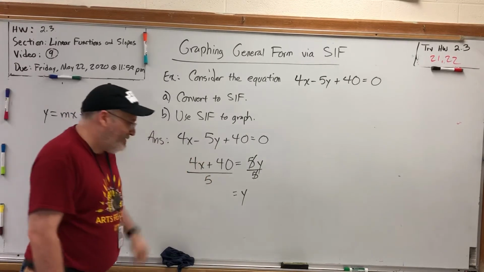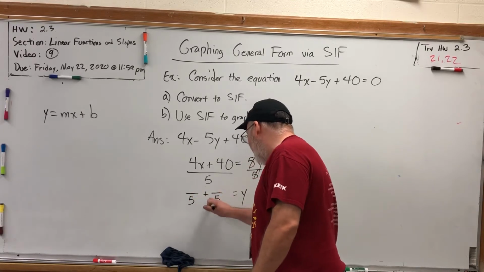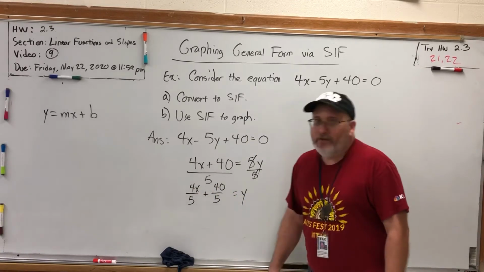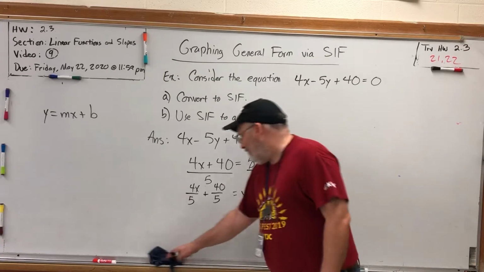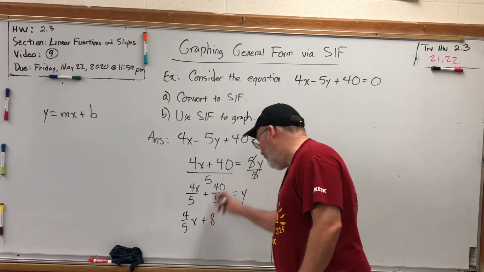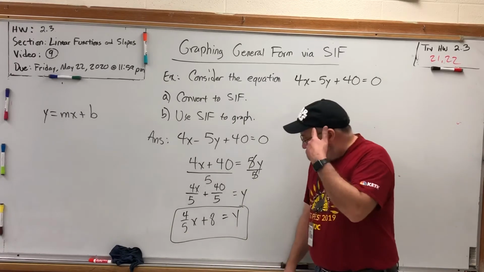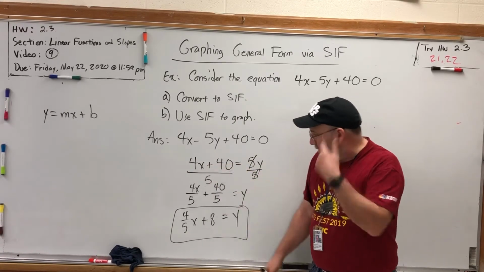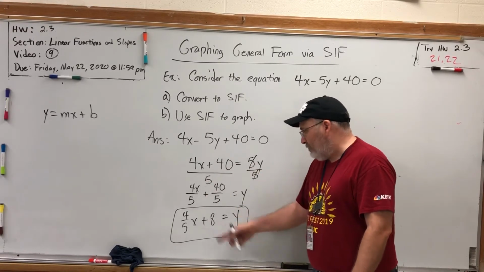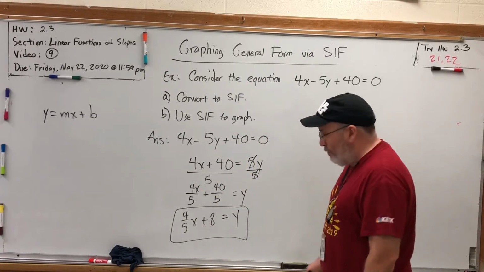Then you can break this down into an addition problem by giving each term in the numerator its own common denominator of 5, and writing 4x on the first numerator and 40 on the second. Then you can reduce this fraction. Now, do you have to manually make the separation in order to write 4/5 x plus 8? 40 divided by 5 is 8. No. You can think, if I split this, the first fraction will be 4x over 5, which is the same as 4/5 x. And the second fraction would be 40 over 5, which reduces to 8. But the reason you get to do that is because you unadd those into two separate fractions.